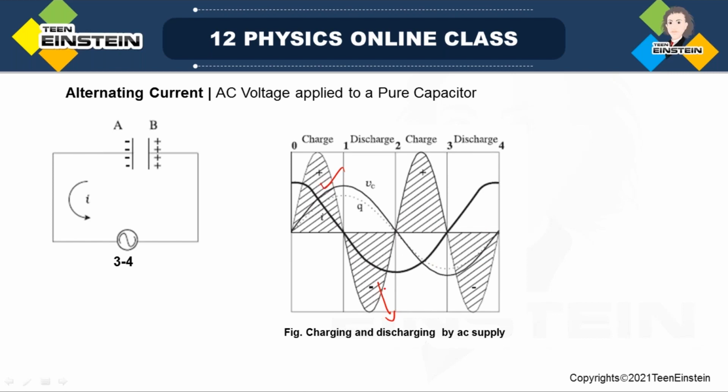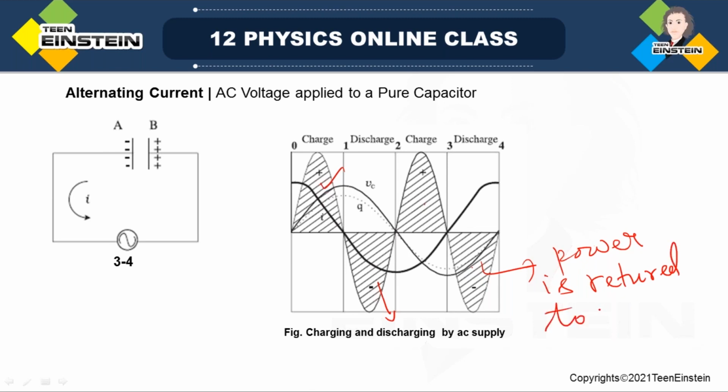Again, in the third quarter, it will be absorbing power from the circuit, the power supply. And in the fourth quarter of this cycle, power is negative. That means the power is returned to the circuit again, to the supply battery.